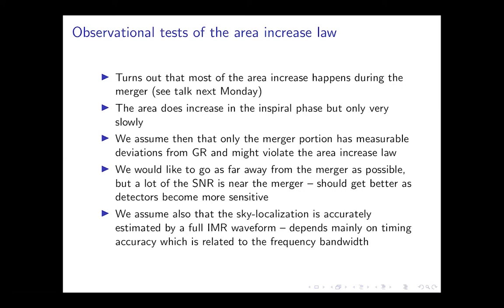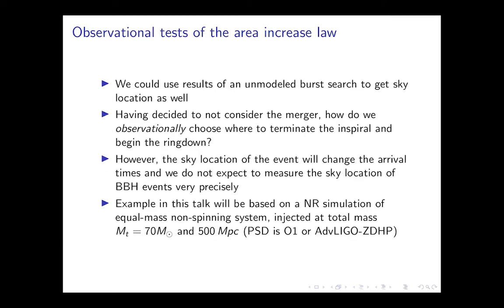And also, you assume in this that things like sky location or the extrinsic parameters depend basically on the propagation of gravitational waves. So that is essentially, if you like, the bandwidth of the observed signal within the detector. So that's its sky location, which you assume is exactly as predicted by GR, so that you don't touch it.